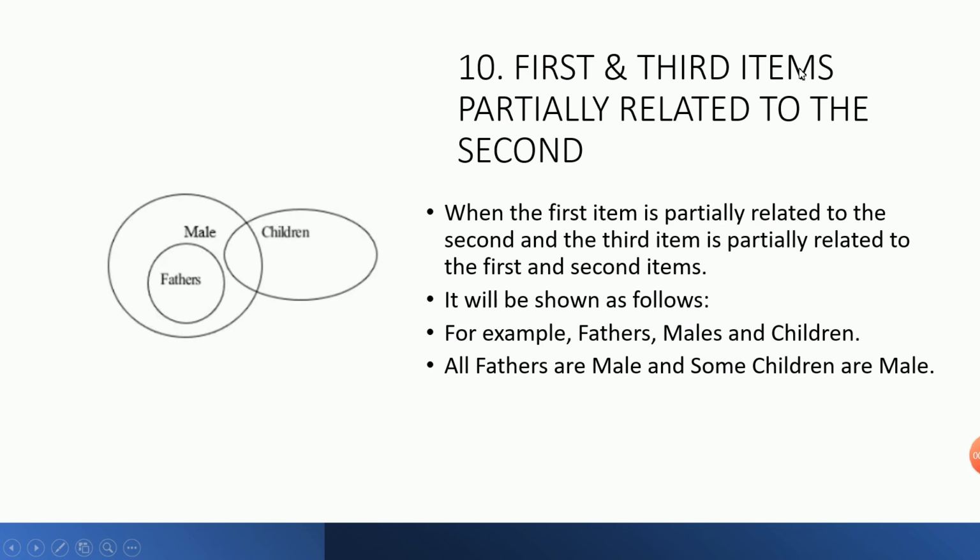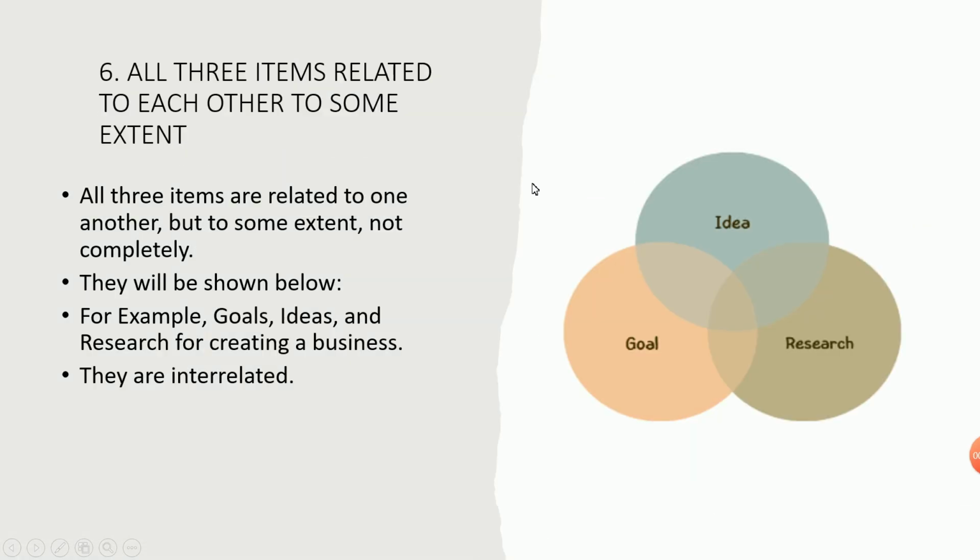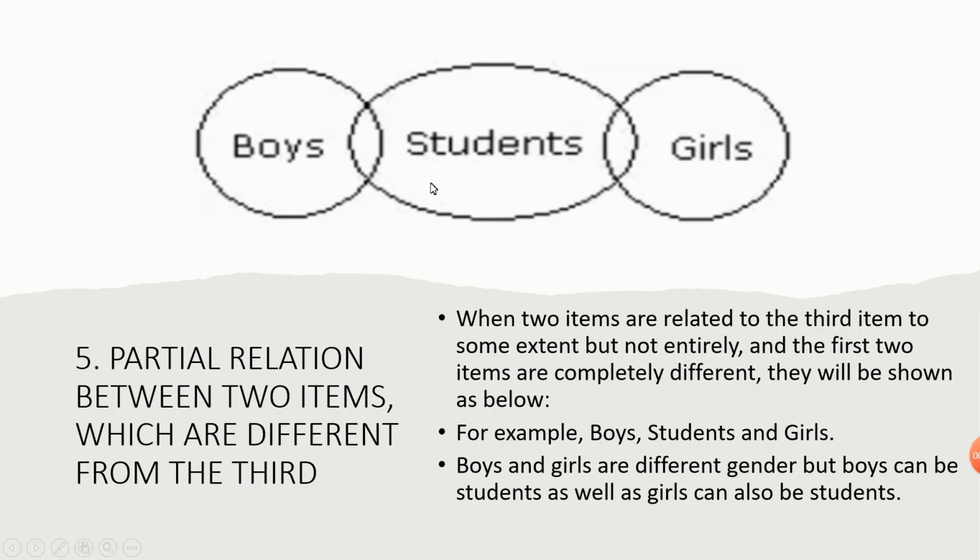Next is first and third items partially related to the second. See here, actually even to my understanding this should come under somewhere here, according to my understanding. Why?